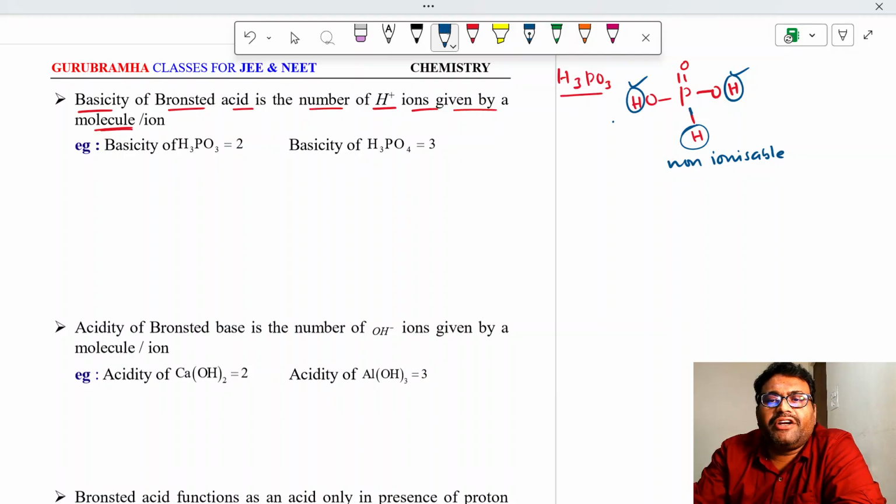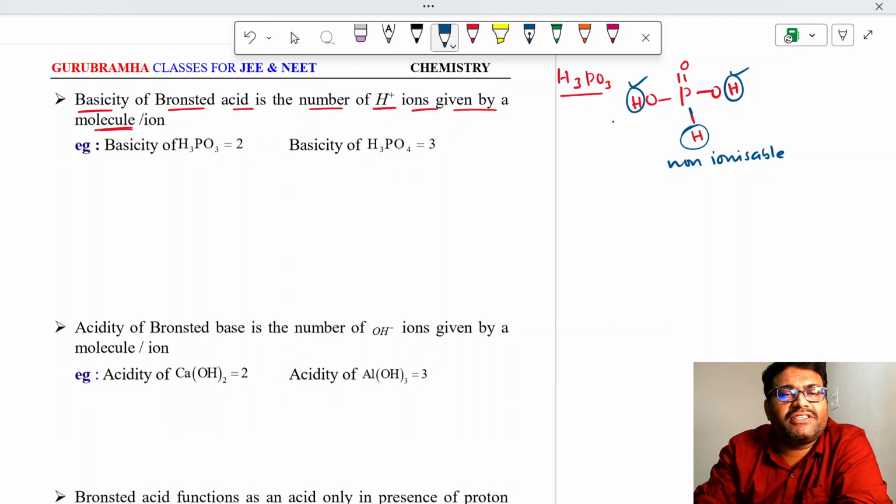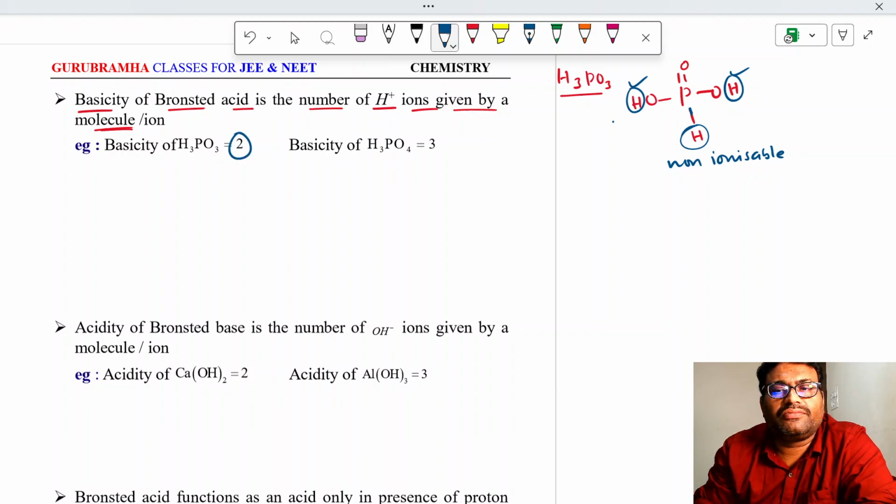Only these 2 hydrogens are ionizable. So these 2 are removed as H plus. So the basicity is 2. Though it contains 3 hydrogens, only 2 can be removed or are ionizable.